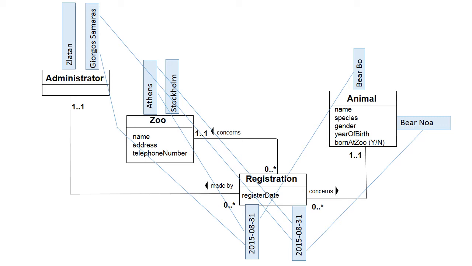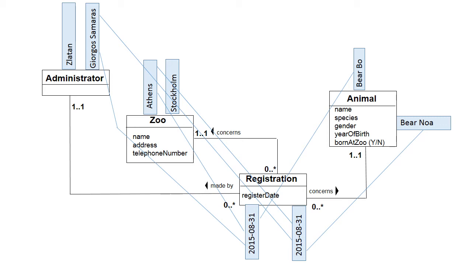And in the same way, the registration object needs to be linked to exactly one animal, and we can see that the object here is also linked to one animal object, bear Boo. If we go in the other direction, from administrator or zoo or animal down to the registration object, we have the multiplicity 0 to many.